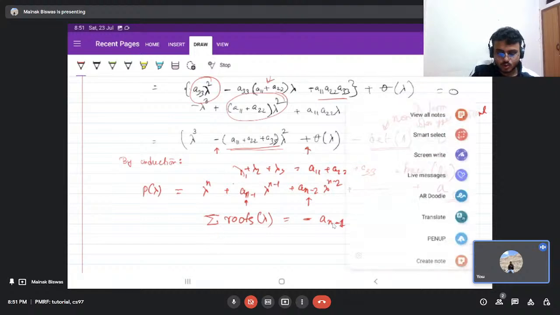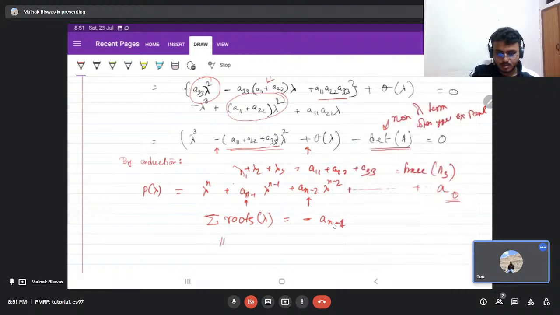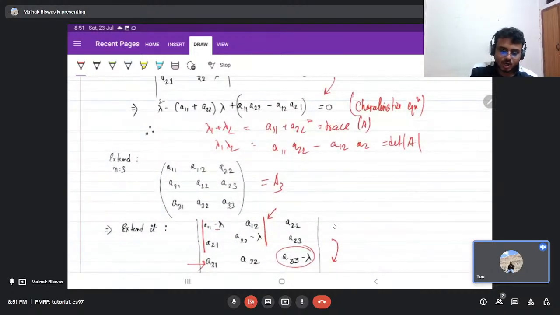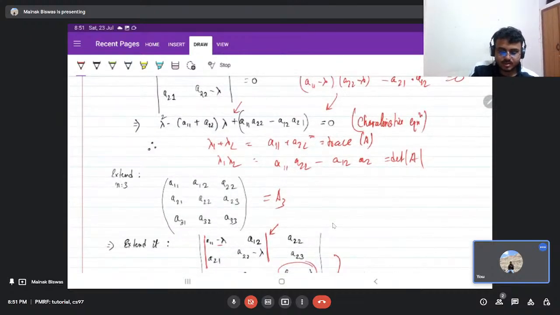The product of the roots is given by a0 times minus 1 to the power of n. You can clearly see why. If it was 2, you got a1, this is positive, and lambda 1 lambda 2, the product of the roots, was equal to this term.